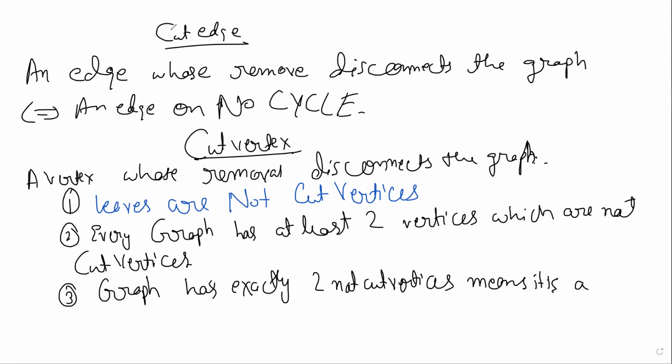If it has exactly two vertices which are not cut vertices, then what is that graph? It's a path. This we have not proved. A path obviously has this property. If you take a path, then obviously it has exactly two vertices which are not cut vertices.